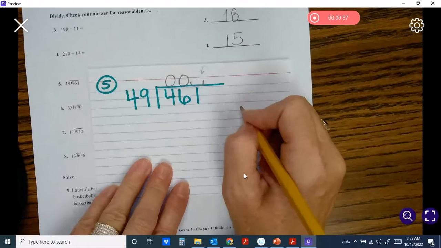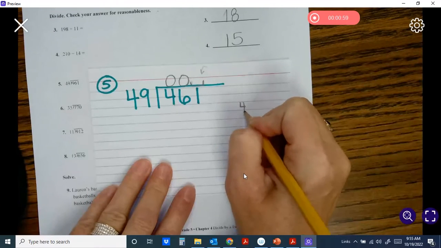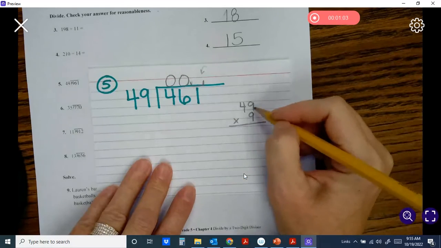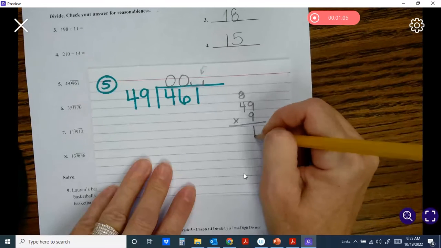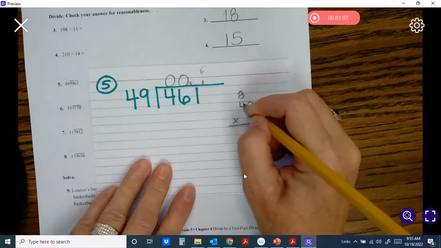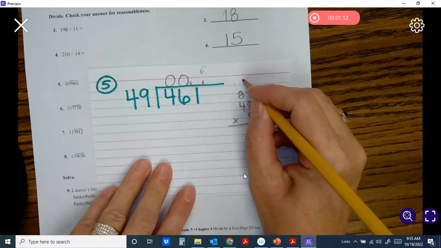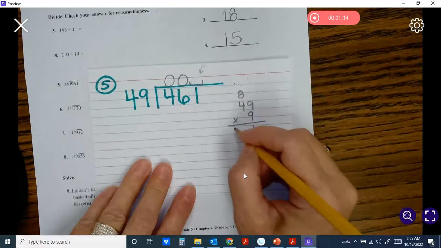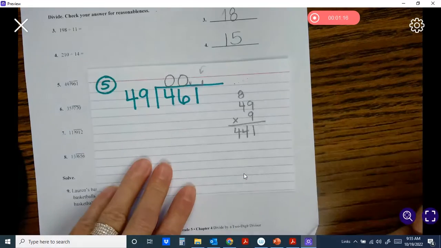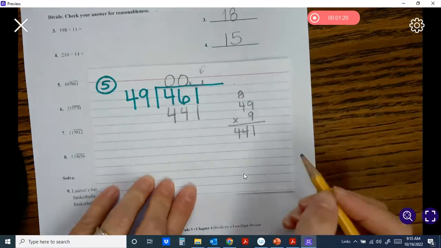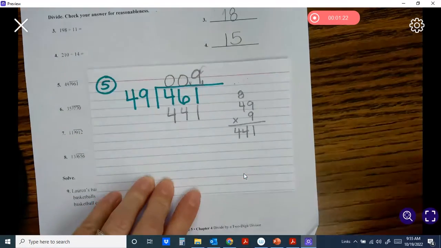So I'm going to try 49 times 9. 9 times 9 is 81. 9 times 4 is 36, 37, 38, 39, 40, 41, 42, 43, 44. And that will work. 441. I'm going to write a 9 in my quotient.